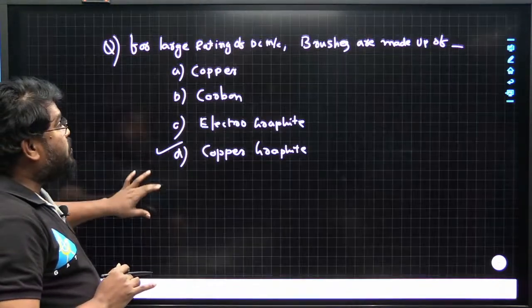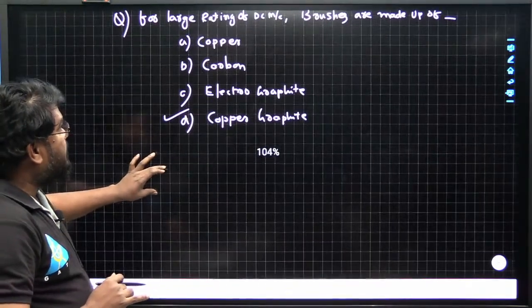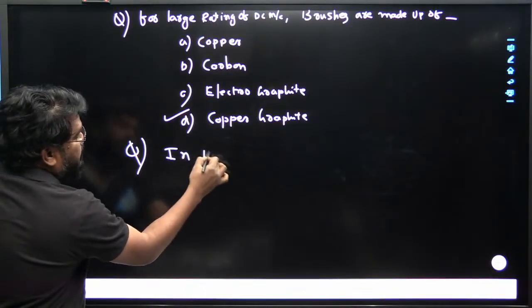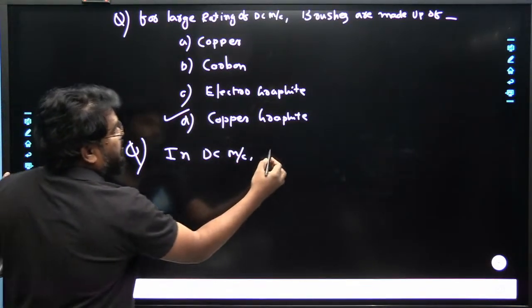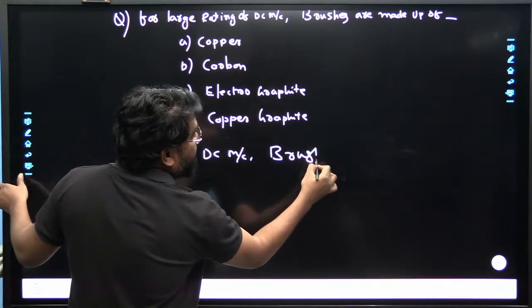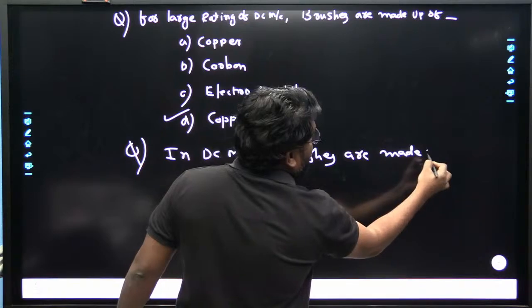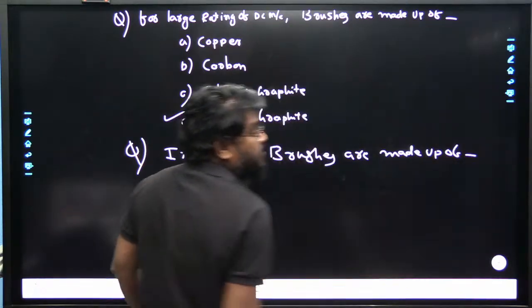Now the same question here. Suppose in the DC machine, the brushes are made up of, this is another possibility of the question.